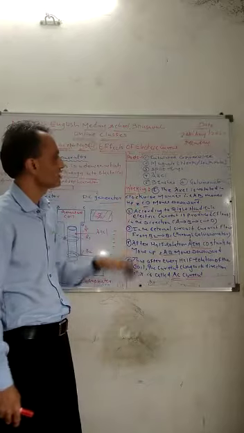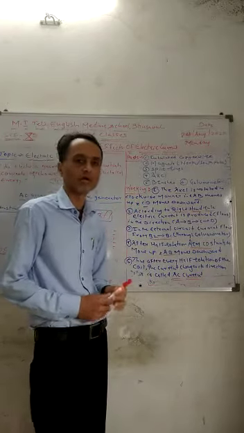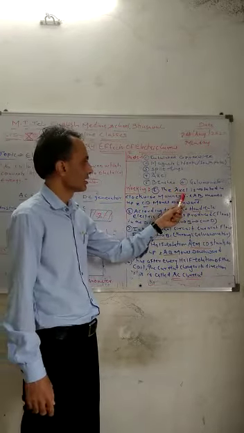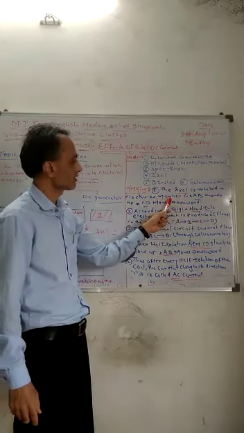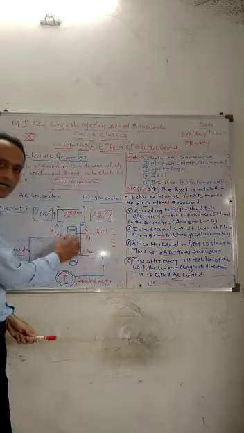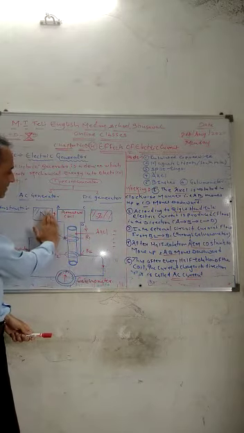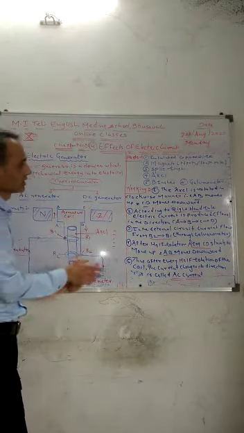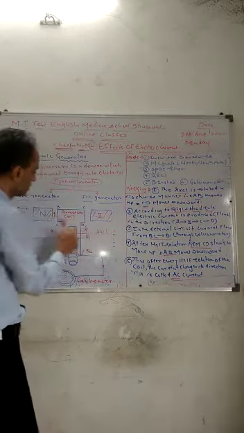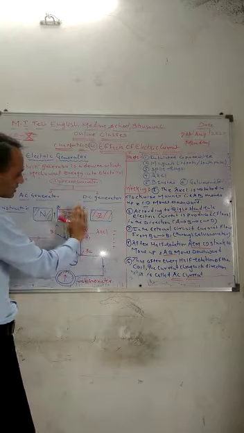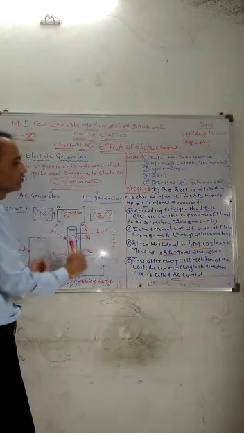Now we'll see what is the working of the electric generator. Point number 1, the axle. This axle is rotated in the clockwise manner like this, and this AB part moves upward and CD moves downward. As this AB part moves upward, this CD arm is going to move downward.